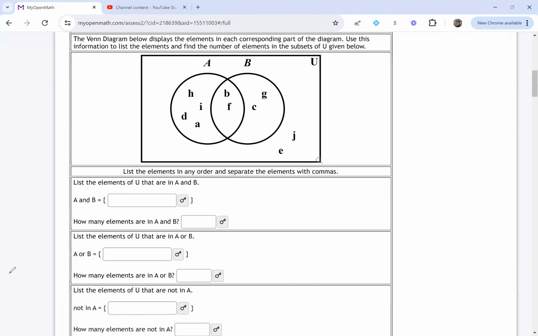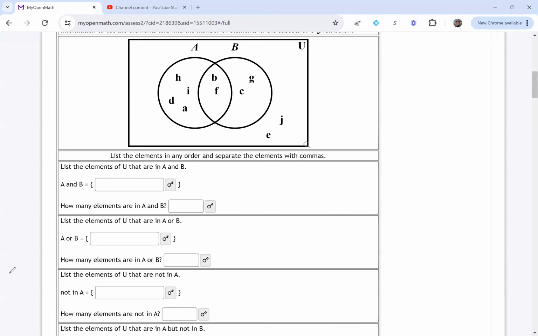Okay, so let's take a look at some of the other questions here. List the elements of U that are in A or B. A or B means those are the ones we circled in red or blue or both of them.